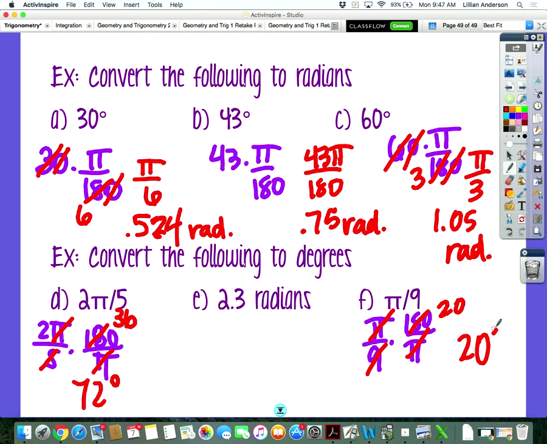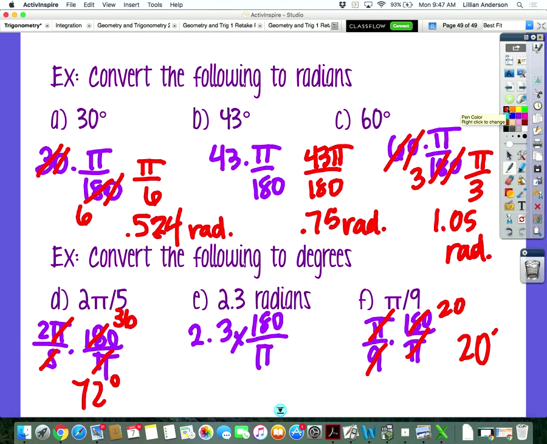Now this one, I can't do it using the method that I did for D and F because it's already in decimal form, the radian. So I basically multiply this by 180, I divide it by pi, and then I get what answer?